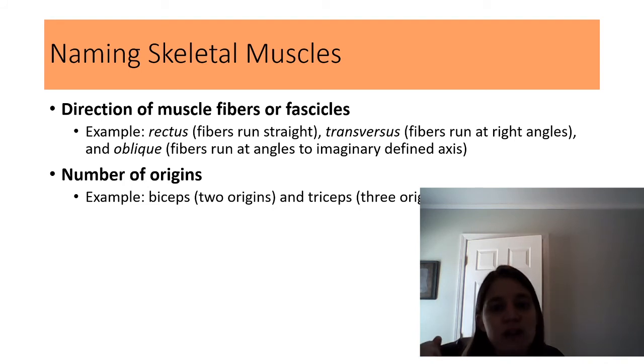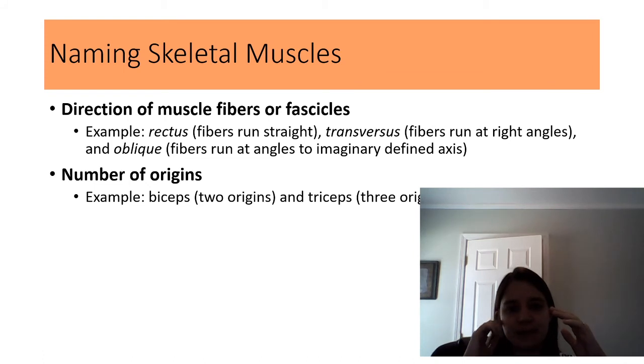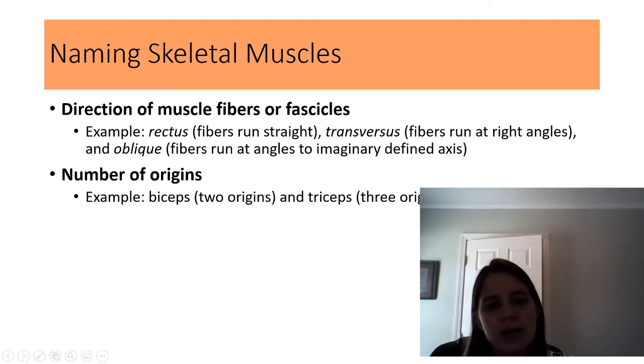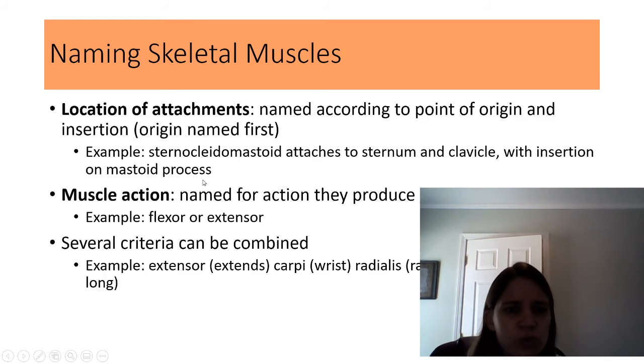If it's transversus, you're expecting it to run transverse to each other, right angles. And oblique muscles are going to be at angles to some axis. You're also going to describe things by the number of origins. So biceps has 2 origins, triceps has 3. Just different ways to name muscles, and so when you're reading something, you know what's going on.